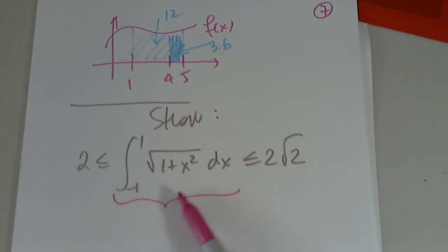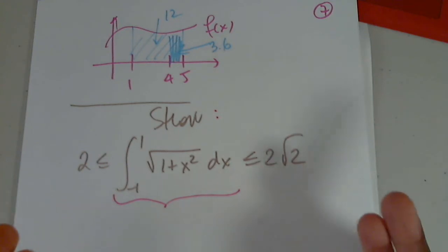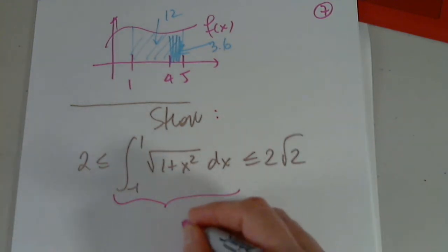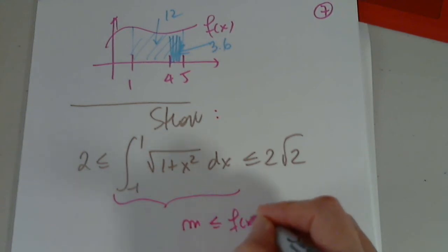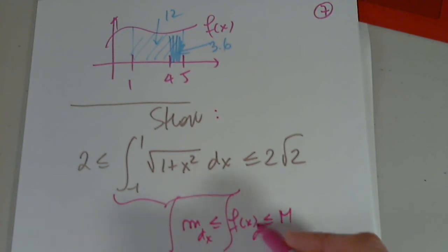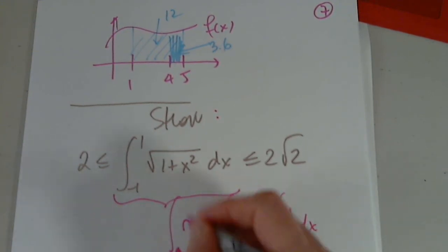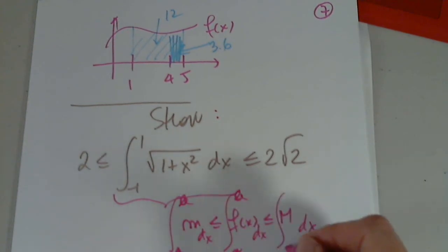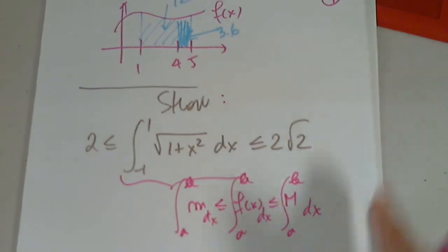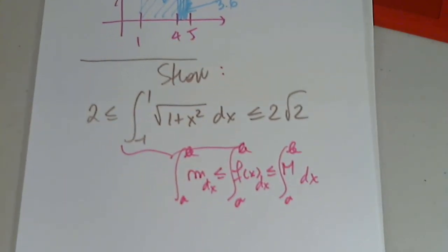First of all, there is one property that says that if a function has a lower bound and an upper bound, then the integrals of these are still in the same relationship. Of course, all of them from a to b, definite integrals. So this is the idea, and this is what I'm trying to establish.